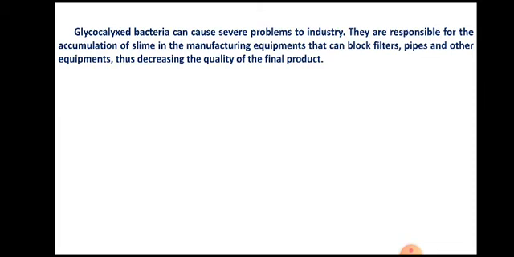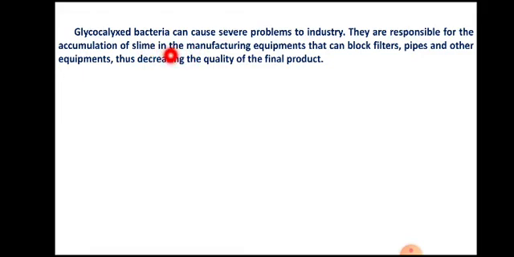These glycosylated bacteria can cause severe problems in industries also. This is the importance, showing the bad effects of capsule for human welfare. For example, in industries, they are responsible for the accumulation of slime. They secrete slime which is loosely bound.